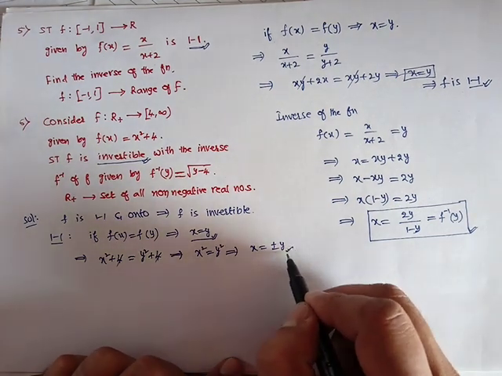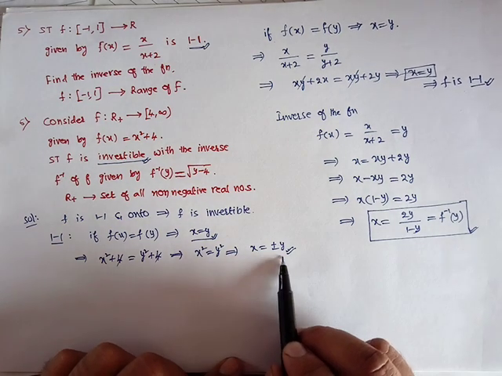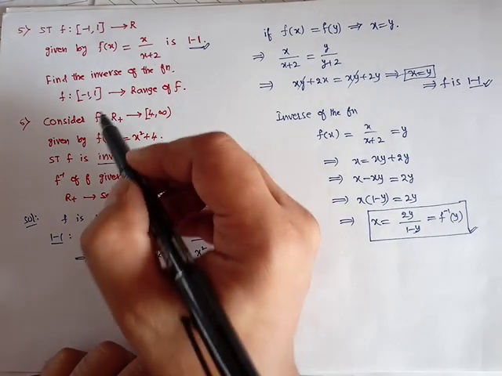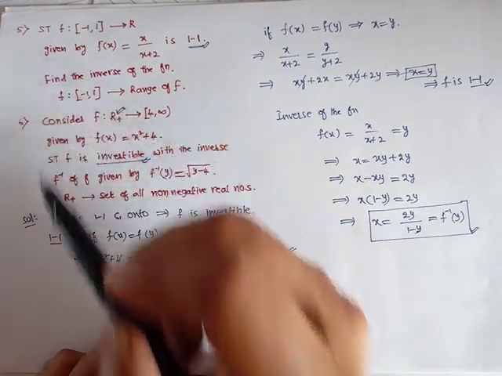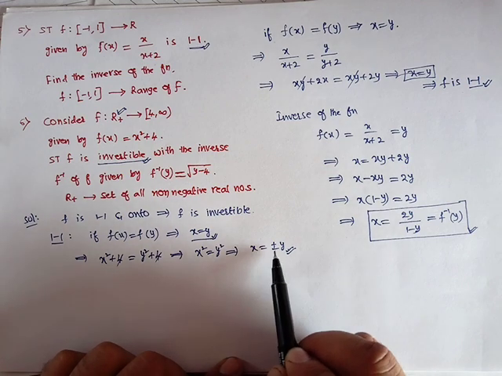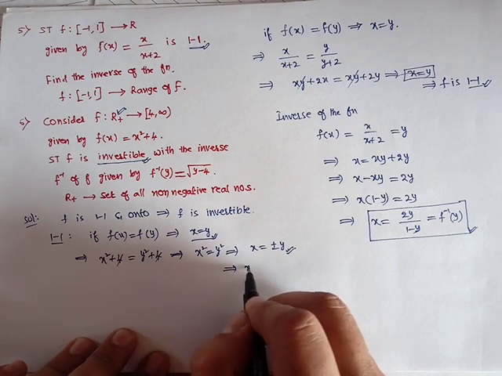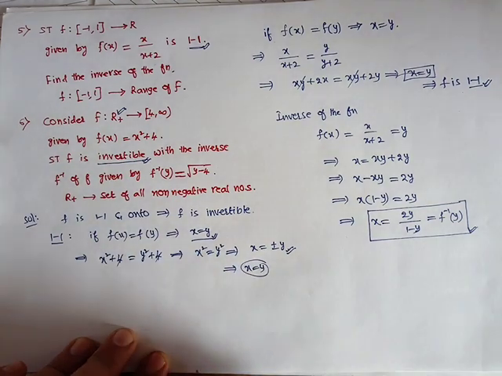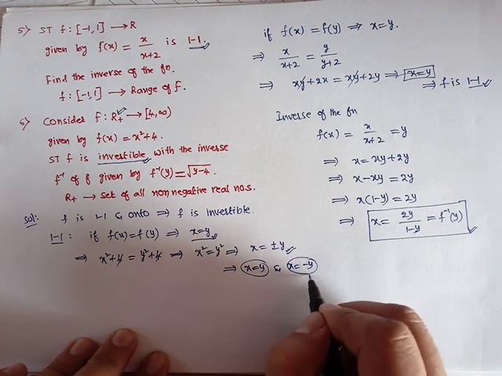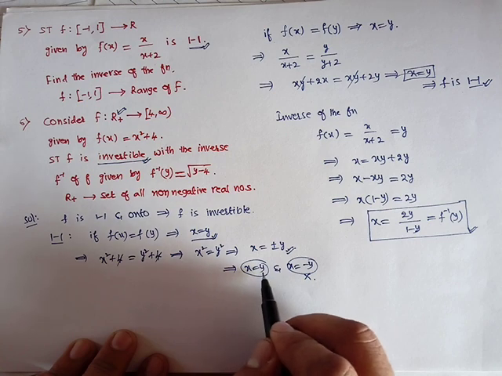Then x = plus or minus y, two values are coming, and where are x and y taken from? Both the values are taken from R+. If one is positive, the second one should not be negative, so if x = y it will be considered, and x = −y should not be taken, because both the terms should be positive only.